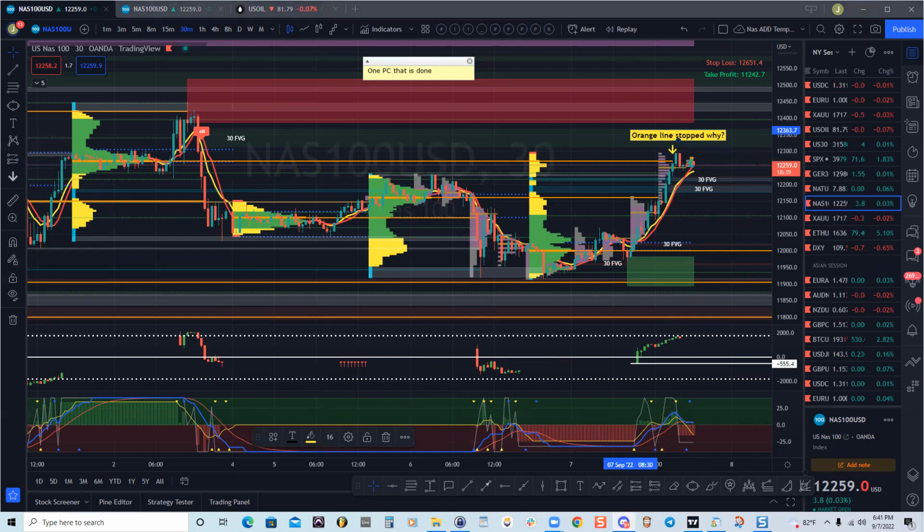Well, look at where did this orange line start? Started here, right? This is where the orange line started, right here, right? What time is that?